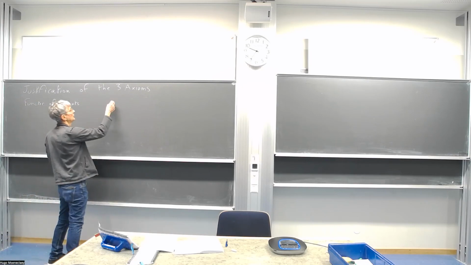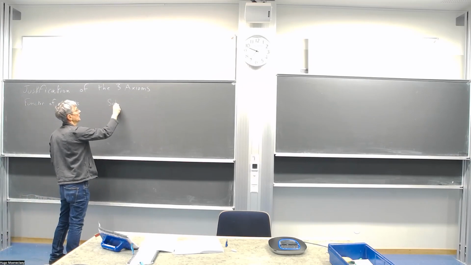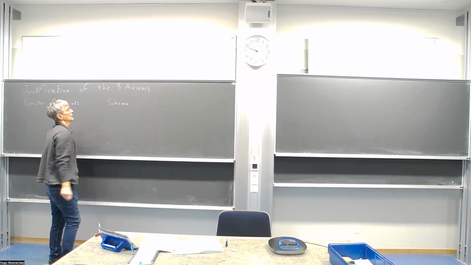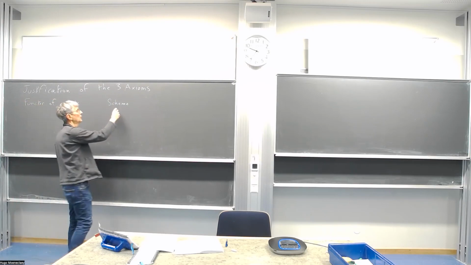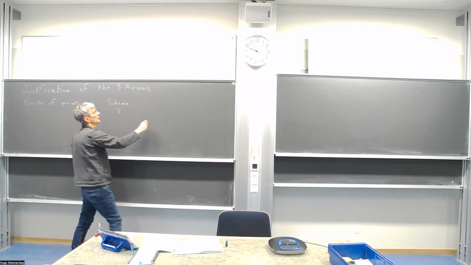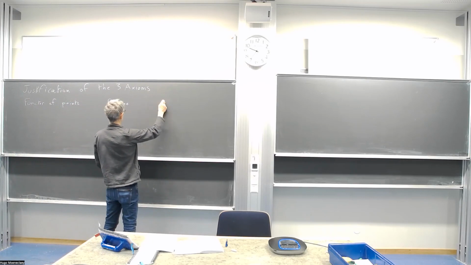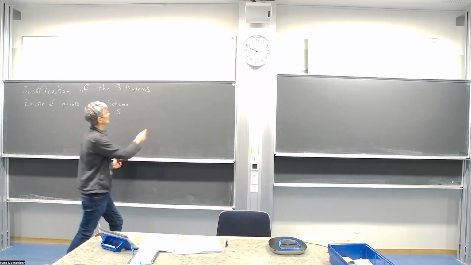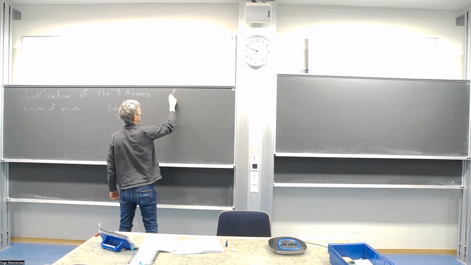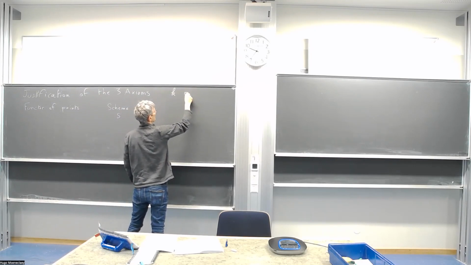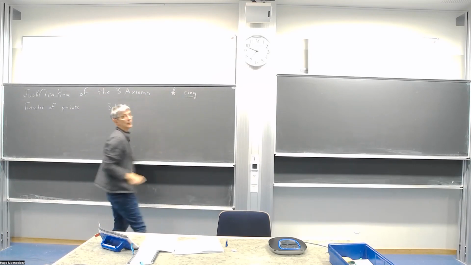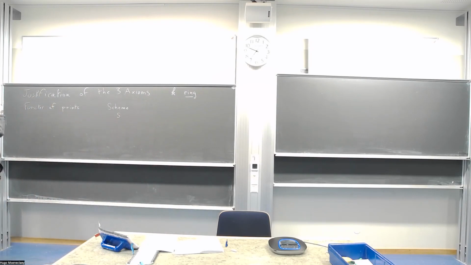But if you take the usual presentation of scheme, then you can look at the scheme S. In all these talks, K will be a fixed commutative ring, and it's very important.